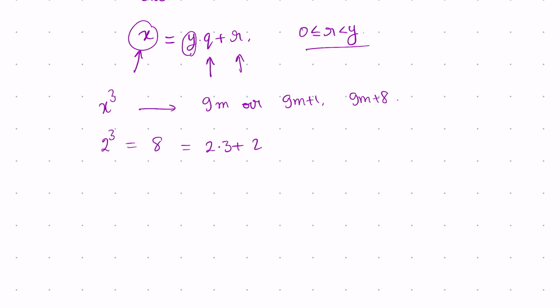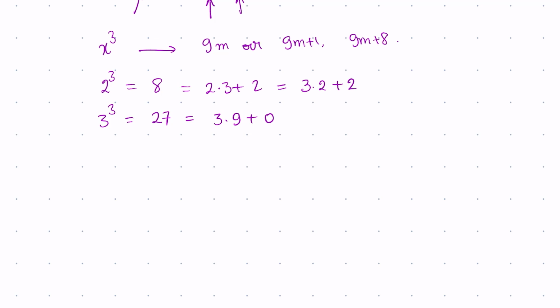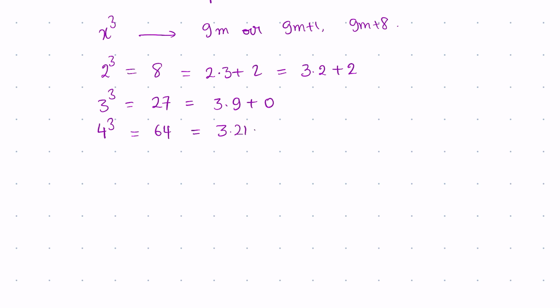What about 3 cubed? 3 cubed is 27. That can be expressed as 3 times 9 plus 0. Or how about 4 cubed, which is 64? That can be expressed as 3 times 21, which gives us 63, plus 1.